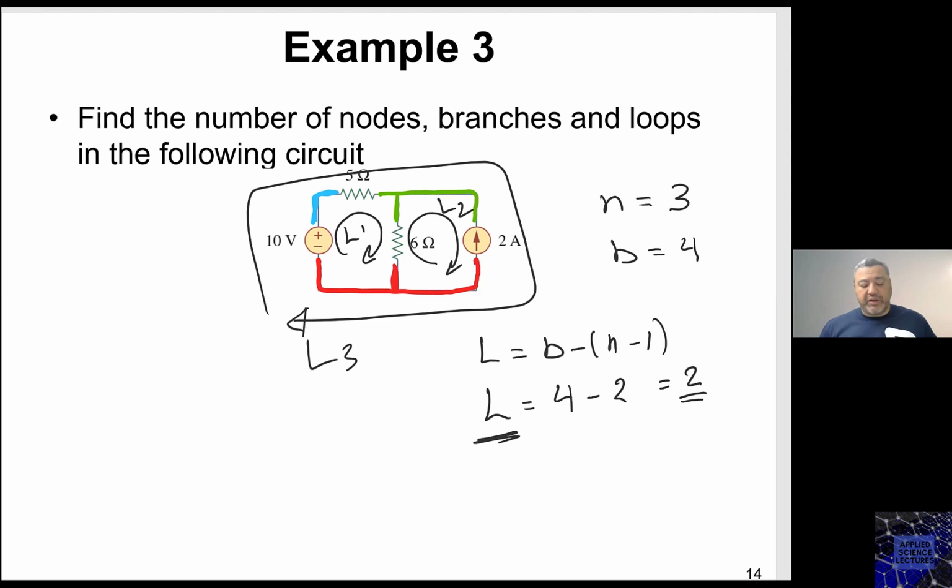This is just to give you an idea about the definition of the independent loop. Why? Because the third one can be derived from the first two. Whatever you do, if you take L1 and L2 and add those together, you will get L3. So L3 is a redundant loop that is not useful to you.